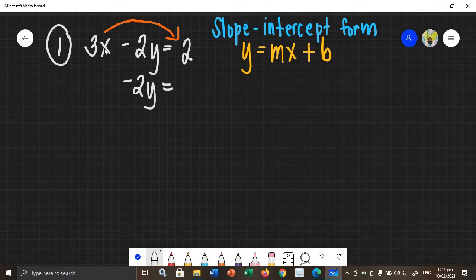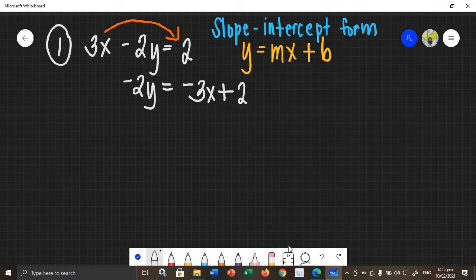And 3x, since we transposed it, will change its sign. So, from positive, it becomes negative 3x. We write it after the equal sign, because the term with the variable x should be written after the equal sign. So, we follow this form. And then, we have plus 2.